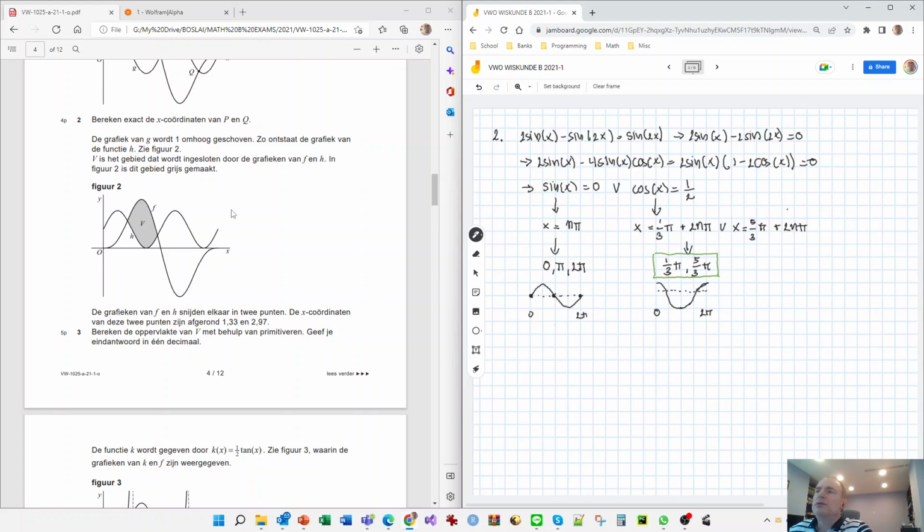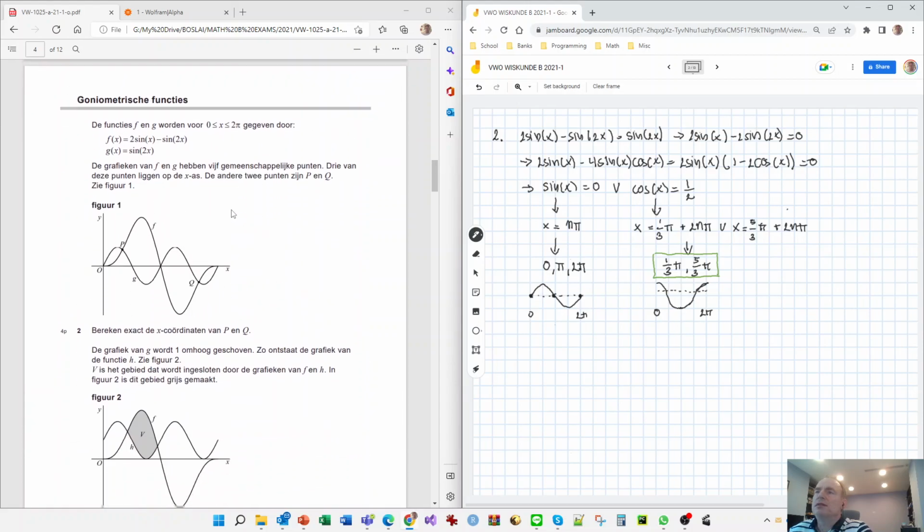Question 2. Oh, okay, they say, where are we? We have these two functions. They have 5 gemeenschappelijke, means common points. 3 of these are on the x-axis.